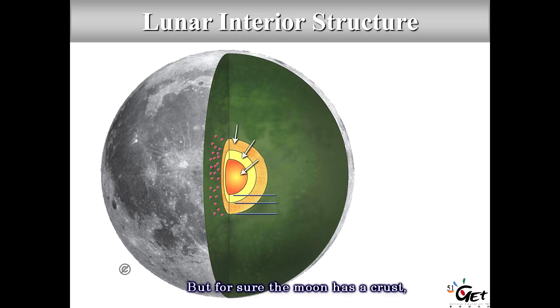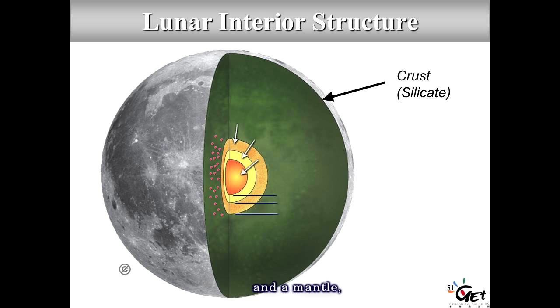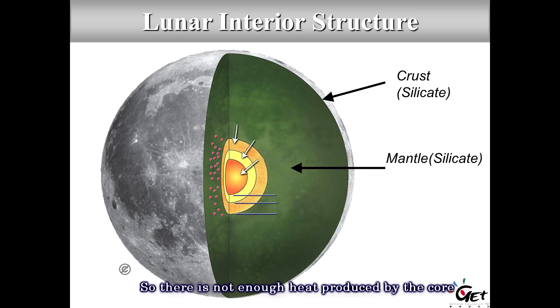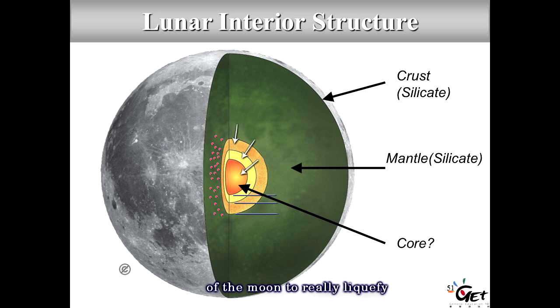But for sure, the Moon has a crust and a mantle, and the mantle is solid, not liquid anymore. There's not enough heat produced by the core of the Moon to liquefy the mantle like it happens on Earth. Even if there is a core, it's probably very small, and the radioactivity is probably very minor, so it's not melting down the mantle at all.